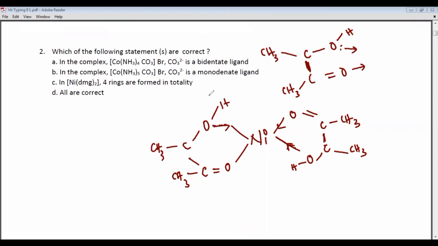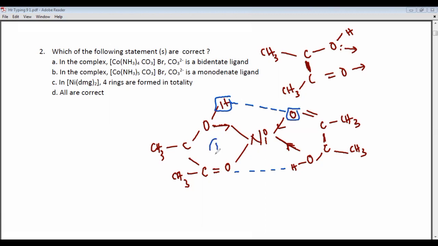Actually, there are two different types of complex formed. But once the complex is formed, there is a chance for intramolecular hydrogen bonding between the H of the hydroxyl oxygen and the carbonyl oxygen.